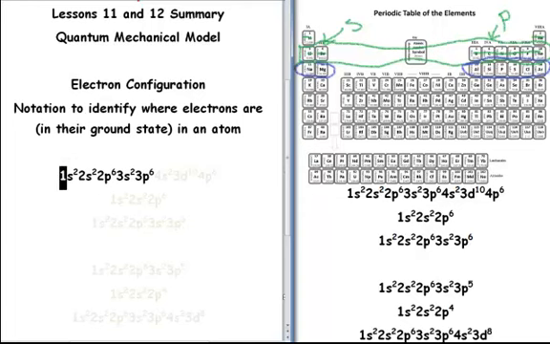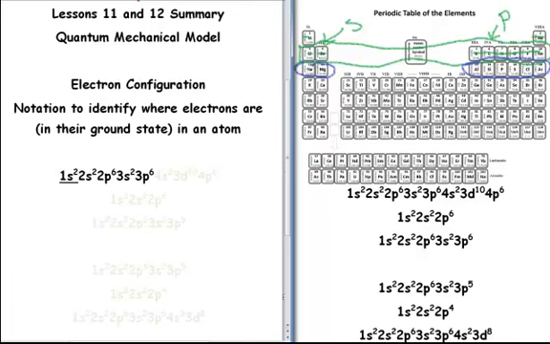Again, big number to represent the energy level, letter to represent the shape of the orbital, superscript number to the right to represent how many electrons are in that orbital. Okay?